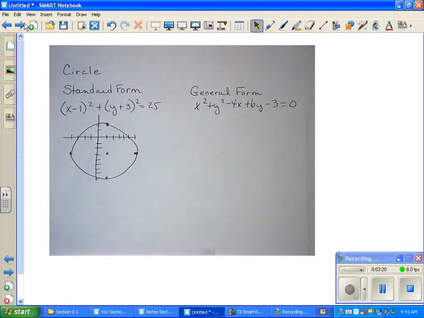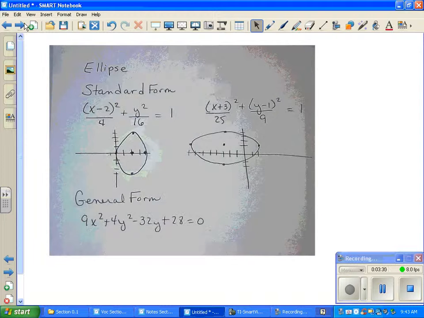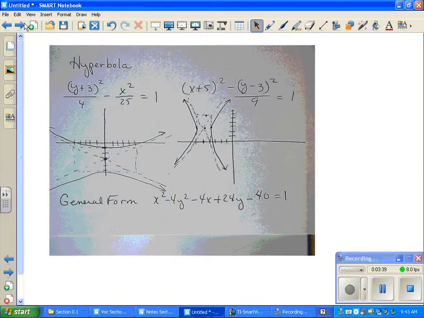Let's talk about circles then. We look at circles, they have 2 squares here, 2 squares over here. And then when we look at ellipse, we have 2 squares here, 2 squares there, 2 squares down here, even in general form at the beginning. And in a hyperbola, they all have 2 squares. So squared's not going to help me, is it?